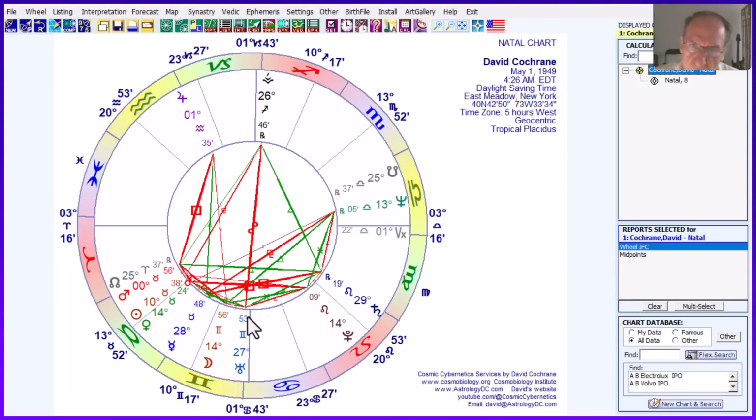And we do have a semi-square from Uranus to Pluto. What I'm explaining is that Sun, Uranus, Pluto, and Vesta are tied together in two fundamental ways. First of all, Uranus and Vesta are at this symmetry point right in between Sun and Pluto with about 0.5 degree orb. That's strong. So we have Uranus Vesta.